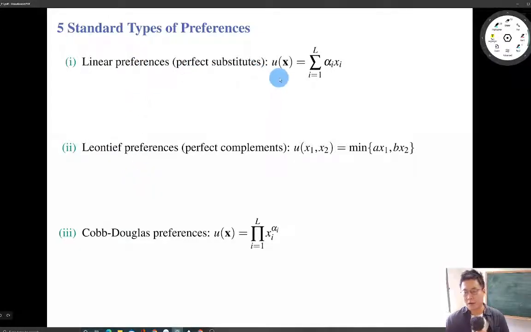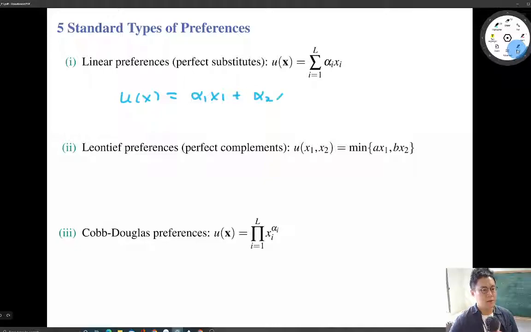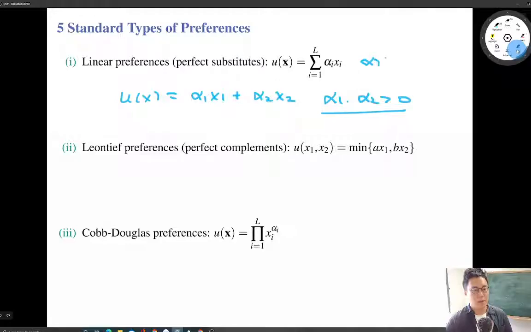So the utility function is given by a linear function like this. In the case of 2 goods, u of x is alpha 1 x1 plus alpha 2 x2, and here alpha 1 and alpha 2 are strictly positive. In the general definition, alpha sub i is strictly positive. I think you remember that.